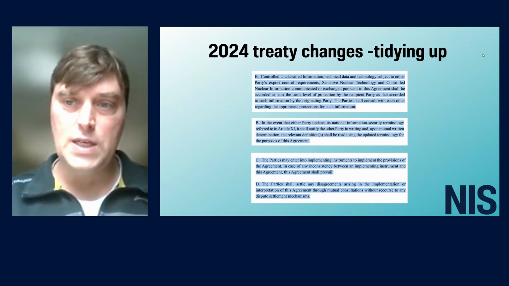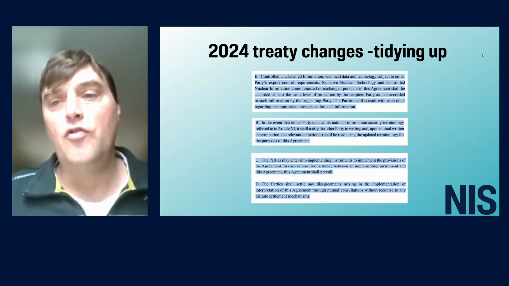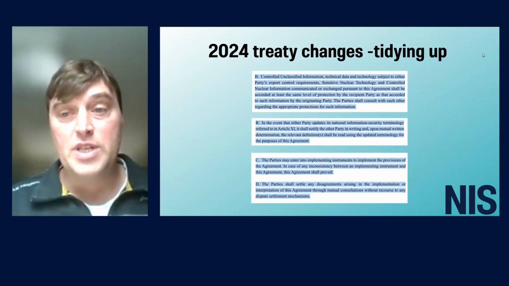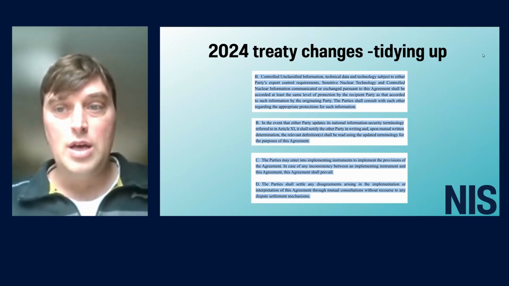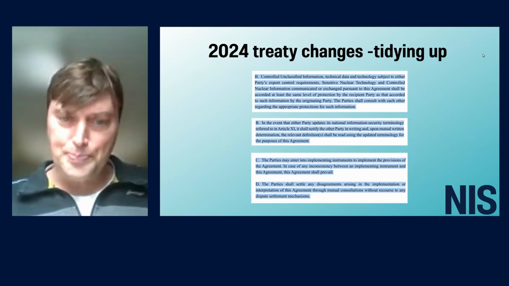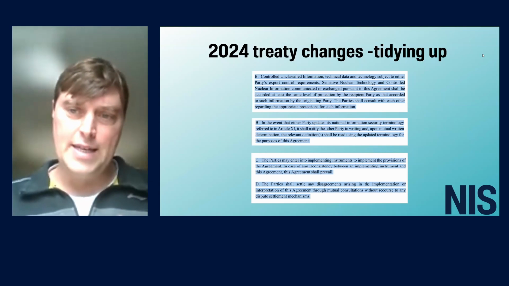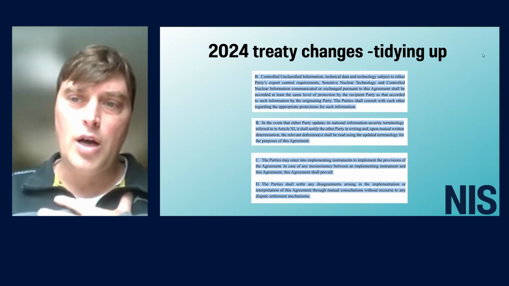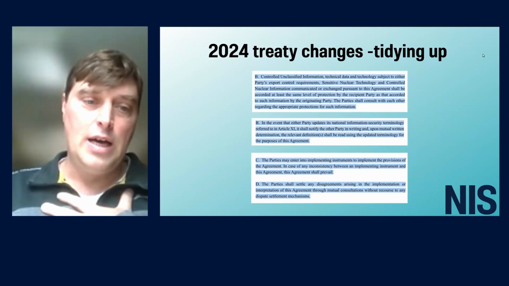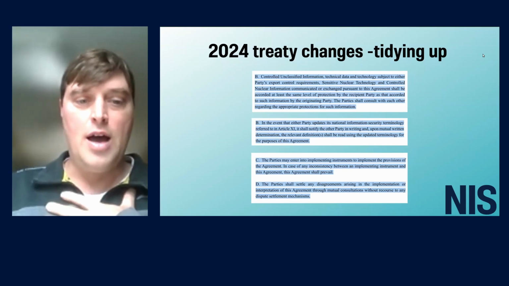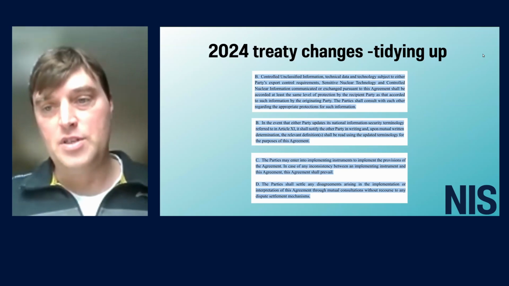And at the bottom, you can see there's 2 clauses that allow for the states to conclude implementing instruments. So these are agreements that aren't treaties, but they're about how the treaty will be operating. And at the bottom, there's a clause saying that neither party will allow dispute settlement mechanisms to be used.